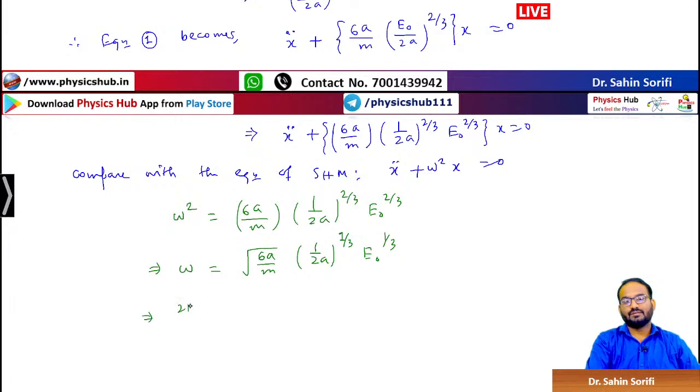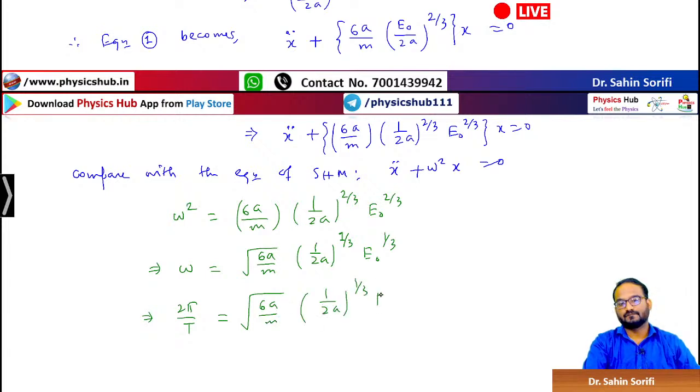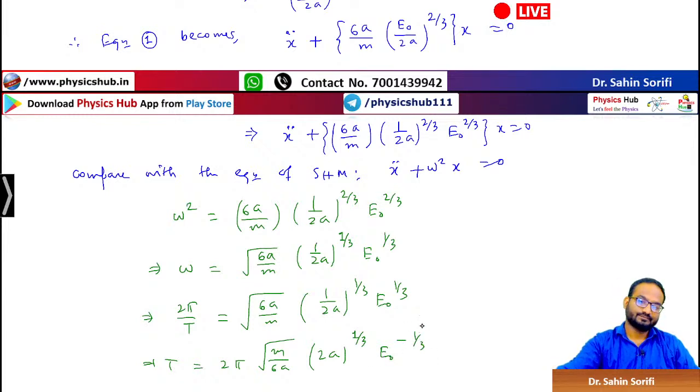Omega is nothing but 2 pi by T. So T is equal to 2 pi root over m by 6a, 2a to the power 1 by 3, E naught to the power minus 1 by 3. Can you write it?